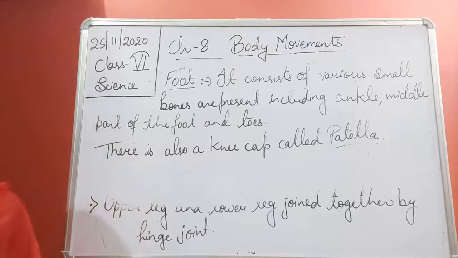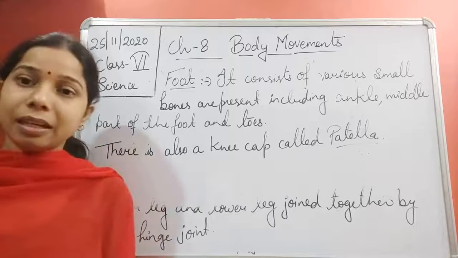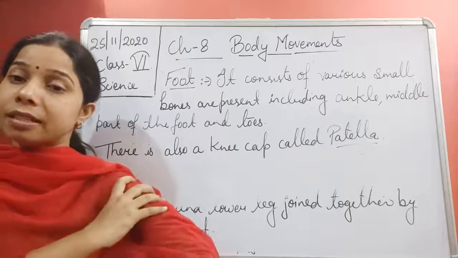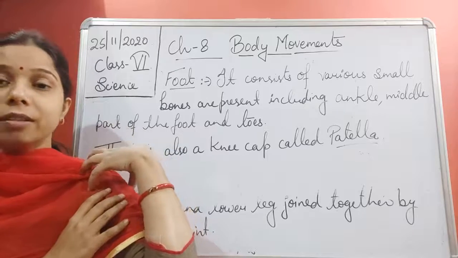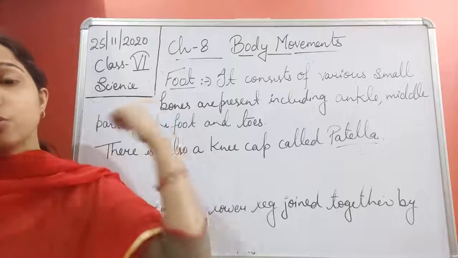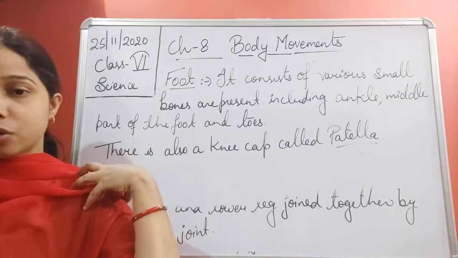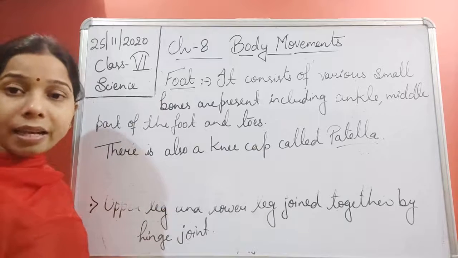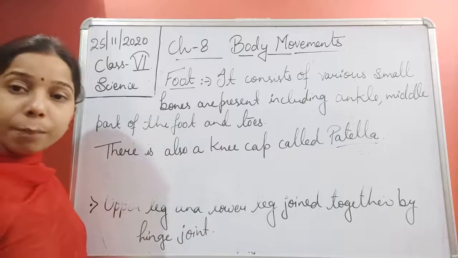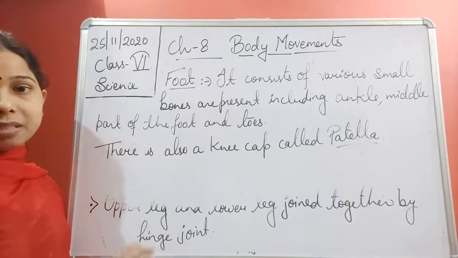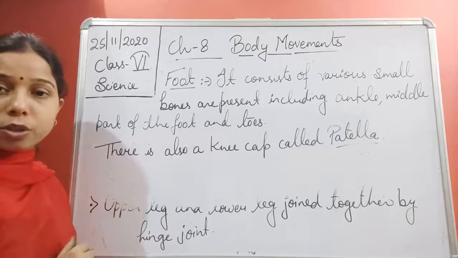This ball and socket joint is present between the shoulder and the arm, and that is why we are able to move our hand in any direction. The same kind of joint you will find in the leg with the hip bone. So the hip bone is attached to the legs by this ball and socket joint.